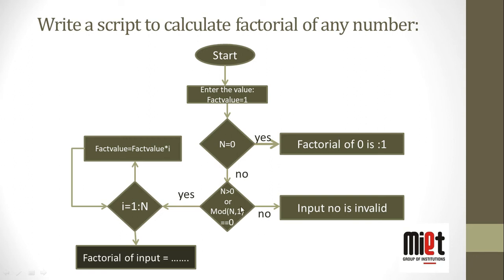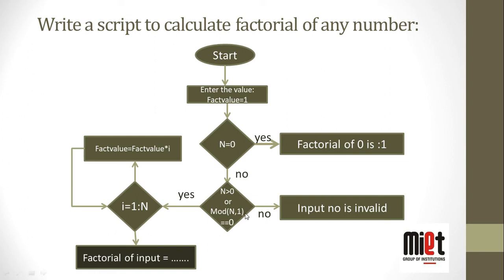This tells me whether the value is an integer or not. If the entered value is not an integer, I will not get mod(n,1) equal to 0. Okay, if this condition is true, the entered value is greater than 0 and an integer.